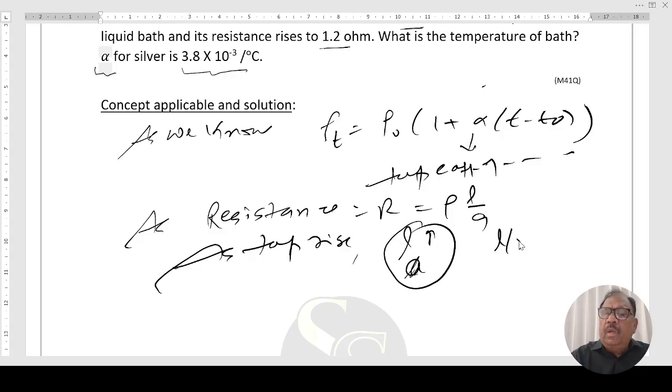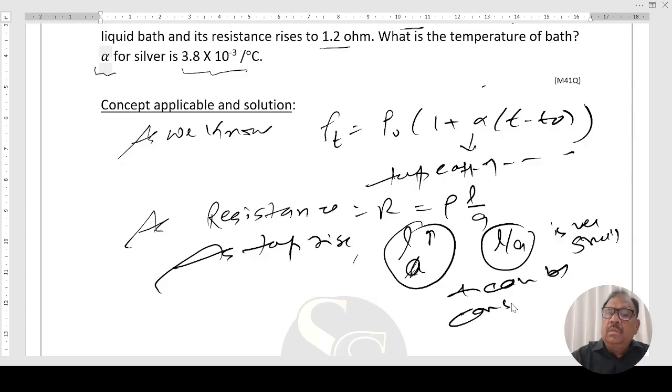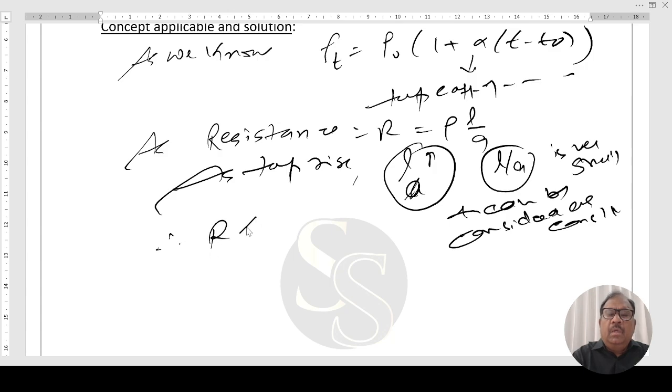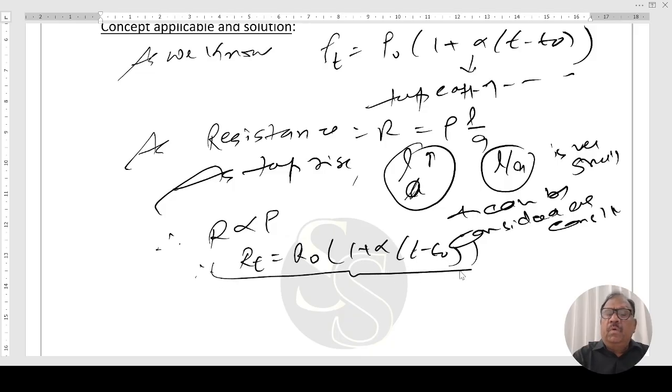But for all intents and purposes, L upon A is very small and can be considered as constant. Therefore, R is proportional to rho. Therefore, RT equal to R0 into 1 plus alpha into T minus T0. In future, we can use this formula directly. This was explained to understand the concepts applicable, right?